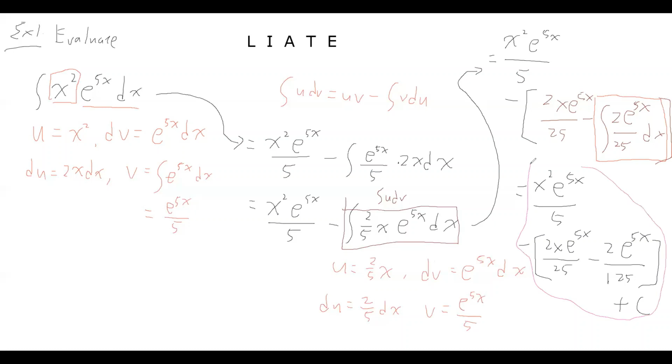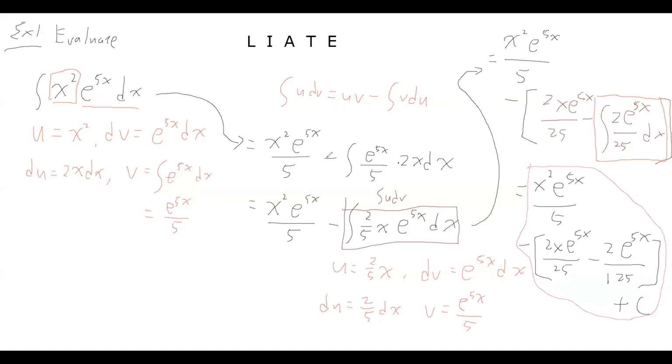Okay. Now, this first example is to show you that sometimes we have to use integration by parts more than once, right? In this case, we used it twice because we started with x squared, and in order to make this integral work, we have to perform integration by parts twice to get rid of this first factor, which is the polynomial, right?